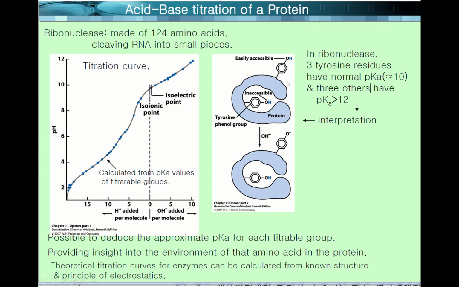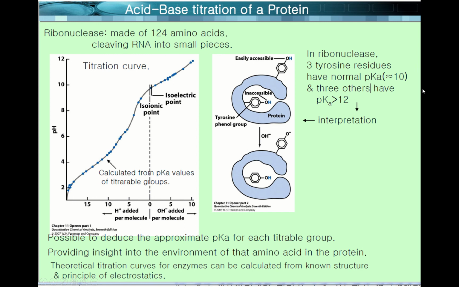Tyrosine has this substituent, and this proton here is titrable. By adding hydroxide ion, this proton is removed from the amino acid, from this protein, ribonuclease.